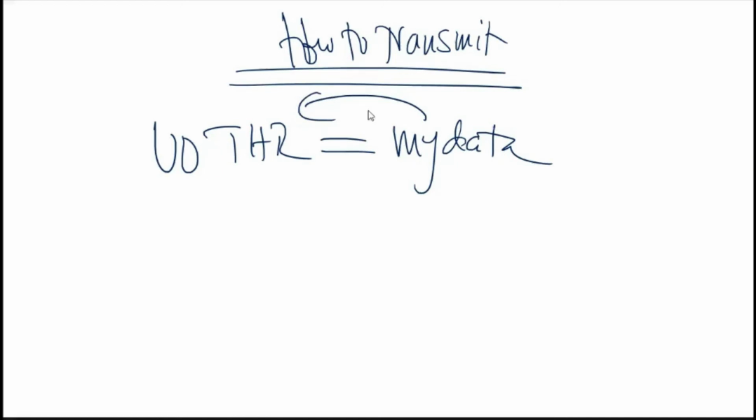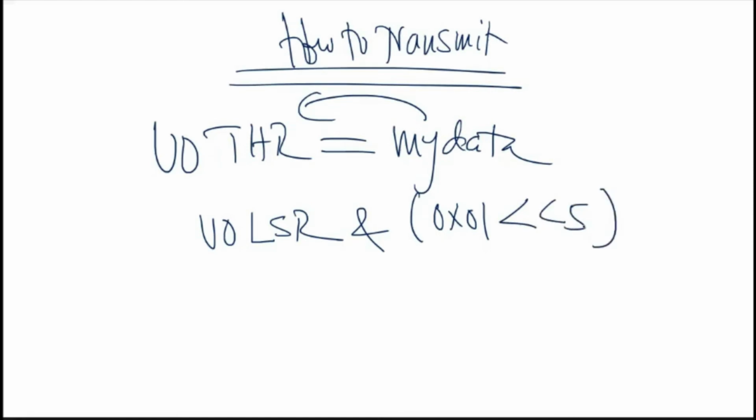And wait until the transmit holding register has completely transmitted the data. How do I know that? I take UART0 line status register and perform bitwise AND with hexadecimal 01 left shifted by 5 times. Why 5 times? This is the flag, the transmit holding register empty flag, available in the 5th bit.